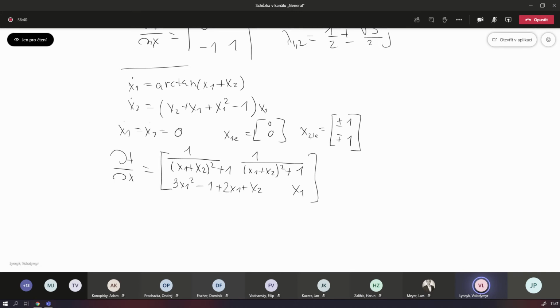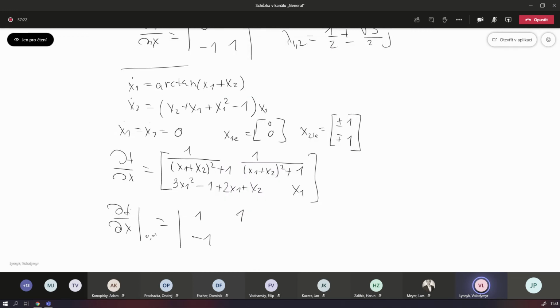Okay, and now the Jacobian df dx at 0, 0 equal to: here at 0, 0 it is 1 divided by 1, 1. Here it's 0, minus 1, minus 1.